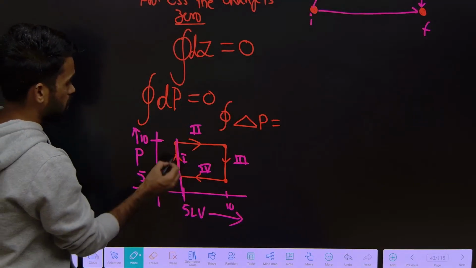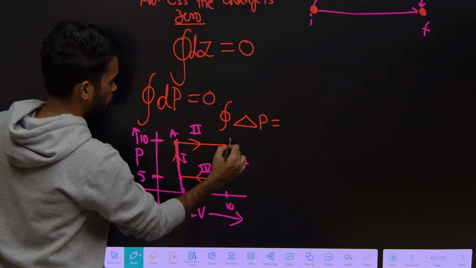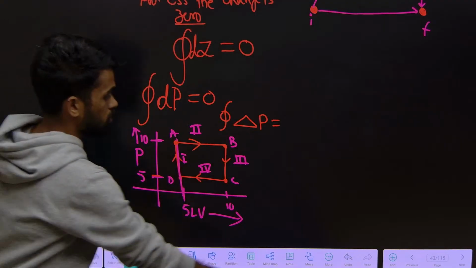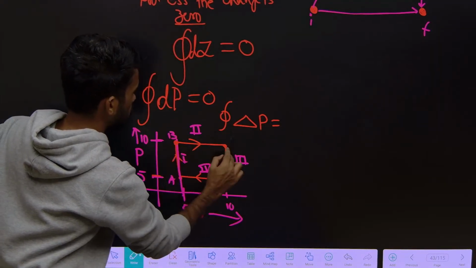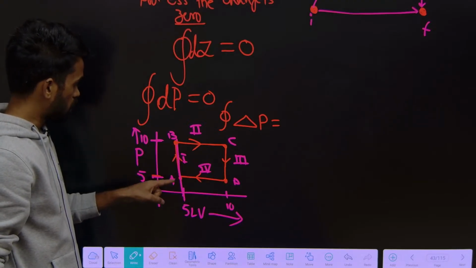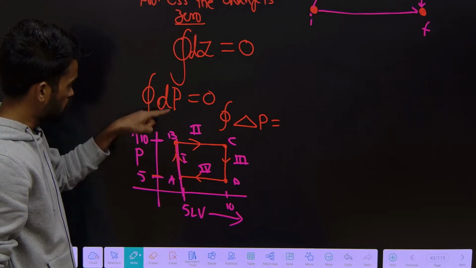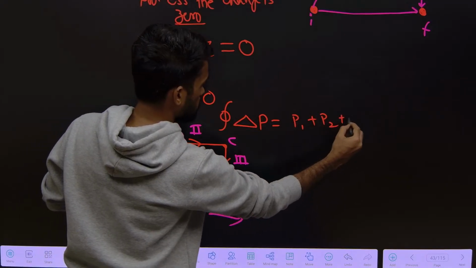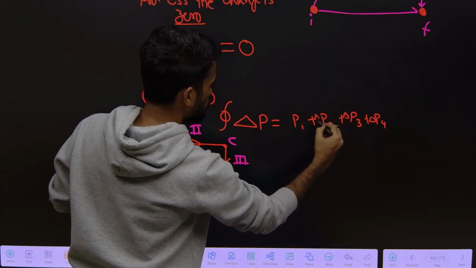Just check here at points A, B, C, D. Look at what is happening. At A, volume is constant, and the pressure change is the sum of the changes P1, P2, P3, P4.